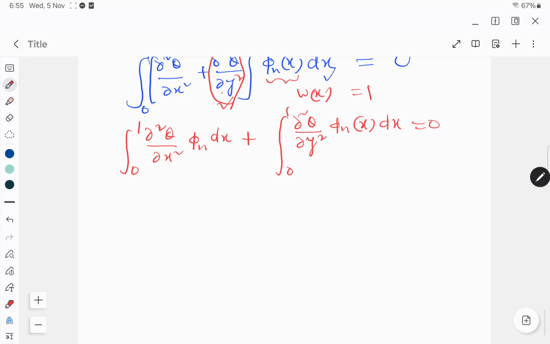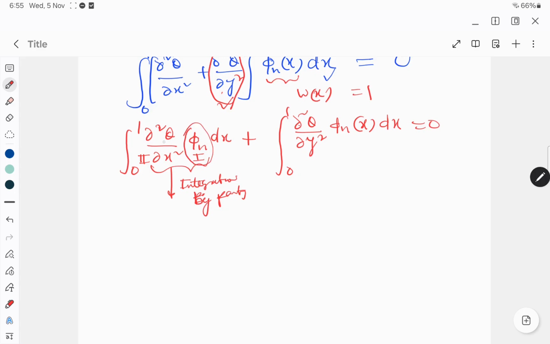Now the first one you will integrate by integration by parts. While you integrate by parts, you have to take a first and a second function. So this is the second function and this is the first function.